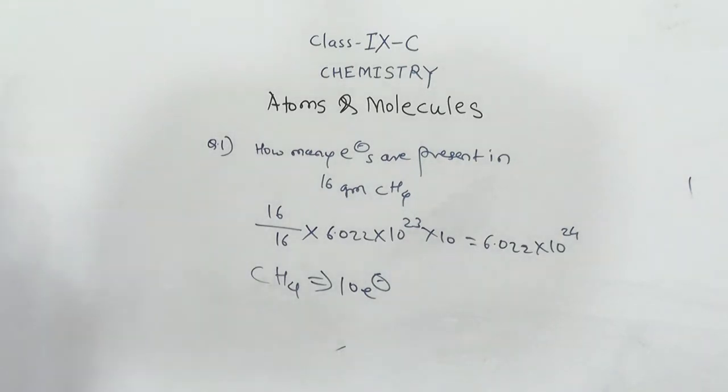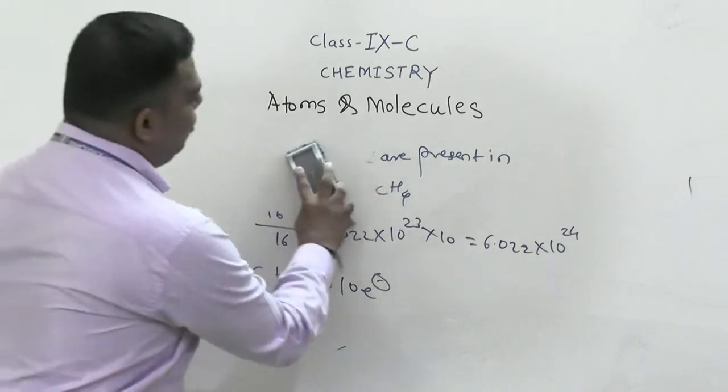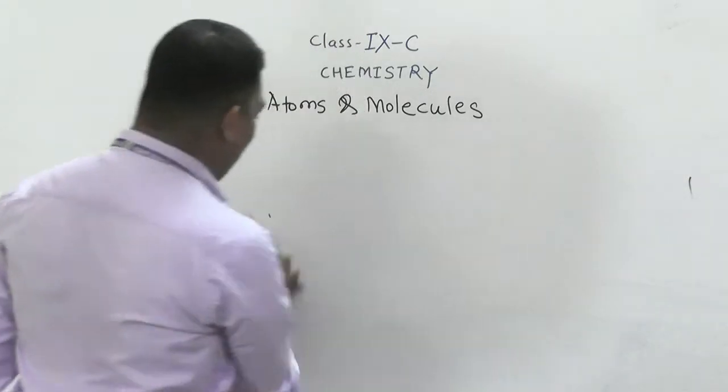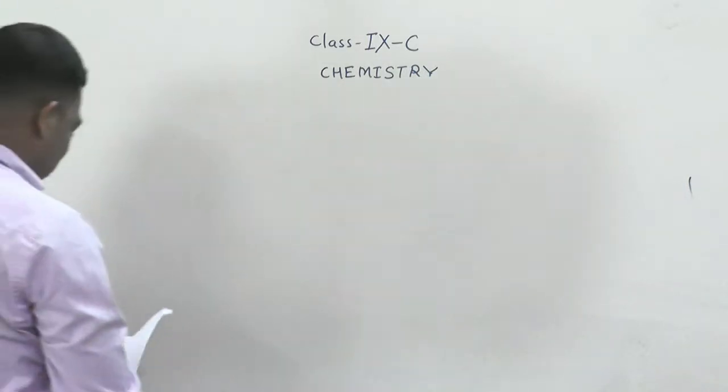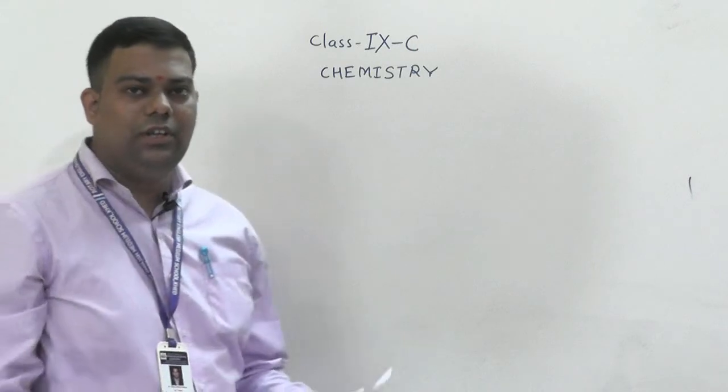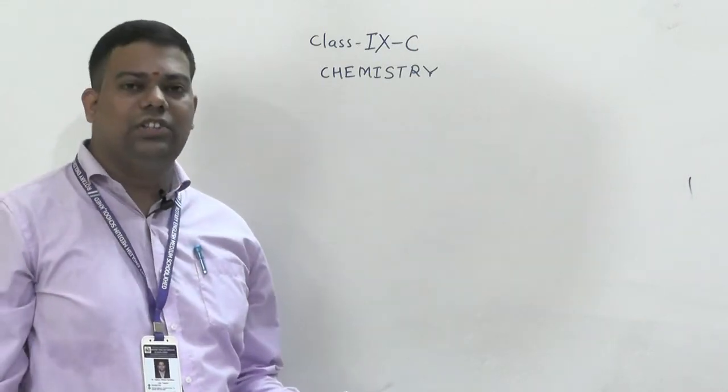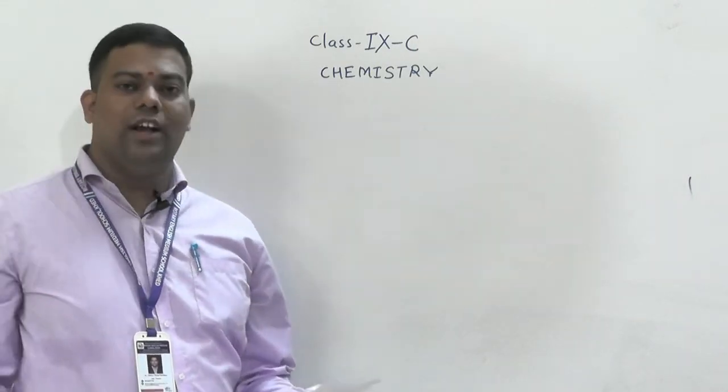Now we will discuss question number two. So see here, what is that question? Carefully, boron occurs in nature in the form of two isotopes.